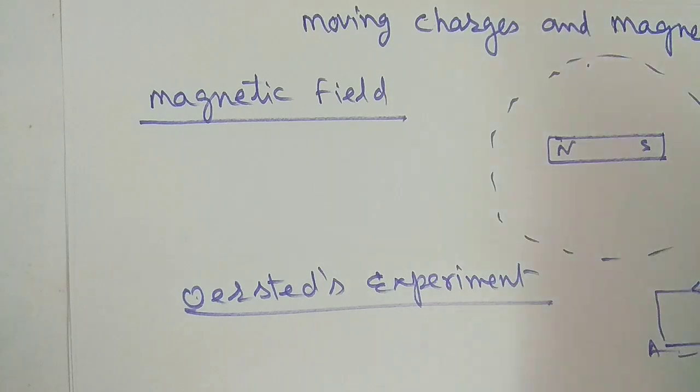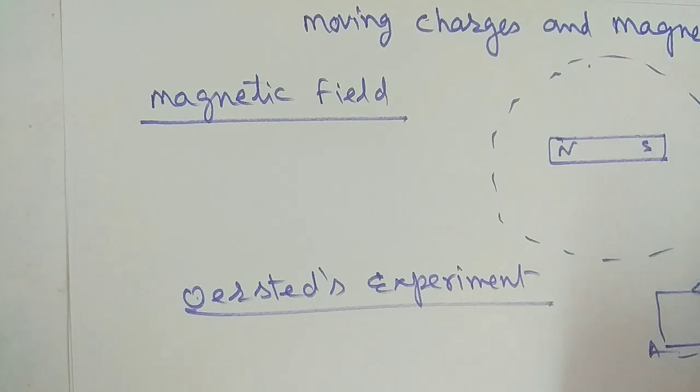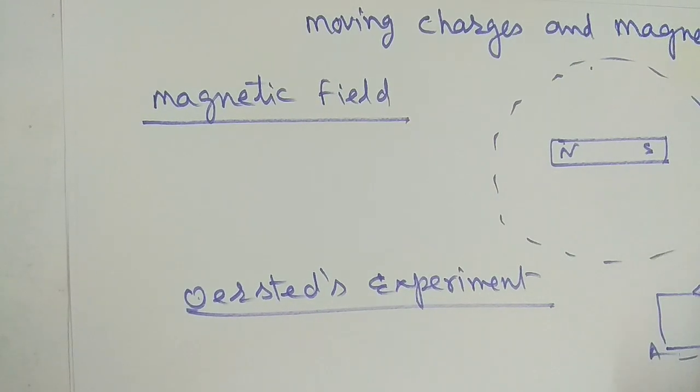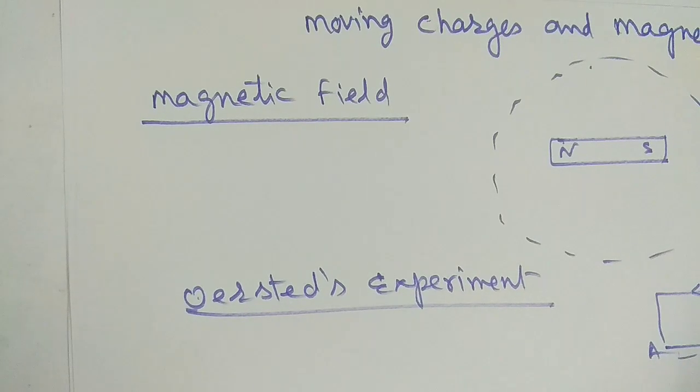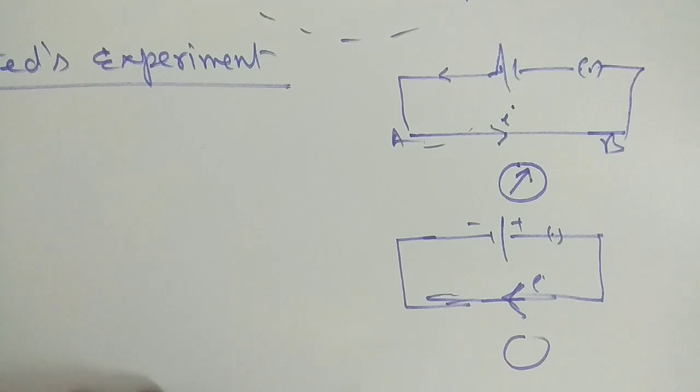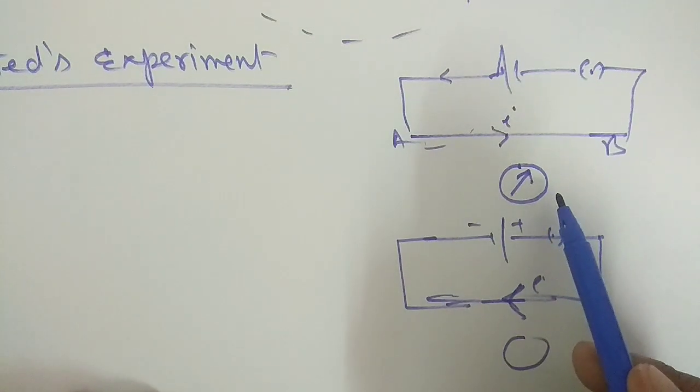Now, to confirm that the current is producing the magnetic field, we reverse the direction of current by interchanging the polarity of the cell. Now the polarity is negative, positive, so current passes from positive to negative the other way.